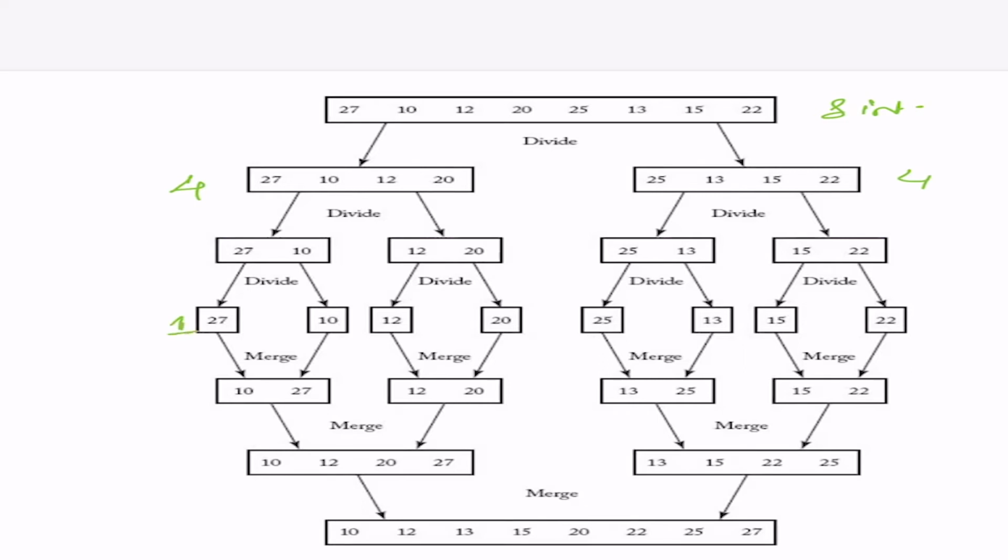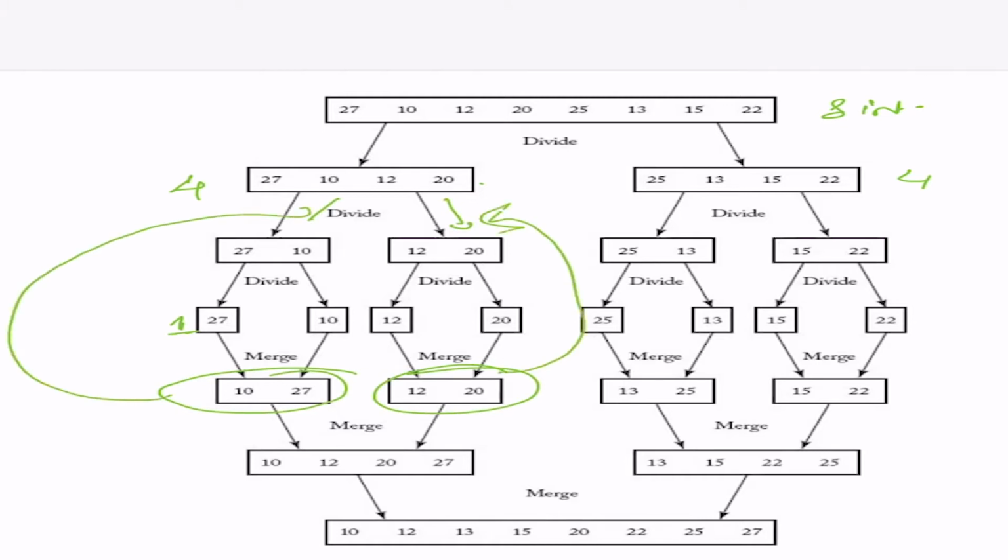And at that point you start coming back. That is, you merge. So you have these solutions, you merge them. This gives you 27, this gives you 20. Again you merge this. Remember from here you called this and this. Now you got the solution, and you have to go back here in this call so that you can merge this to the final solution.